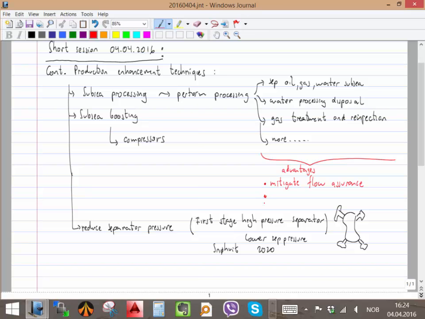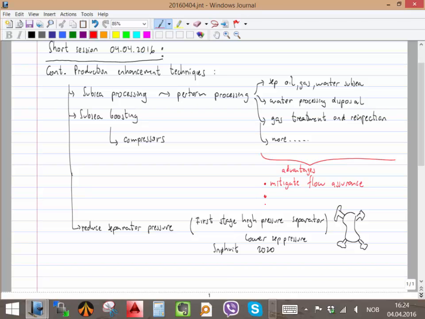In the case of water, it is very important for fields that are producing 80%, 90% water. You have to take all of that water to the surface. That's maybe 300 meters in the Norwegian continental shelf, and these 300 meters account for how many bars? 30 bar extra pressure drop that you have on the wells.